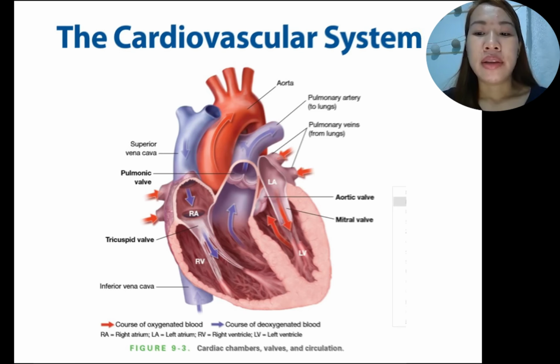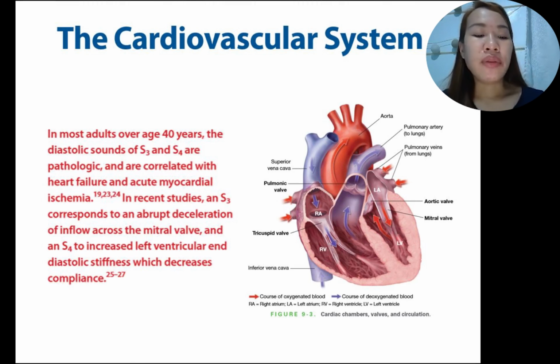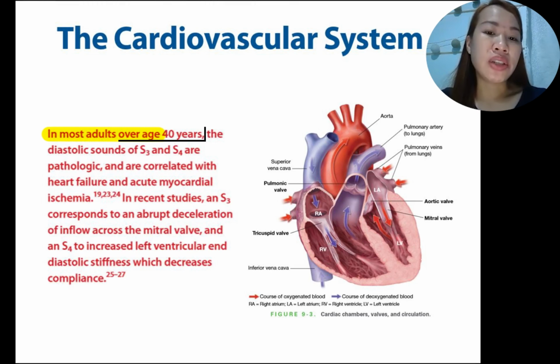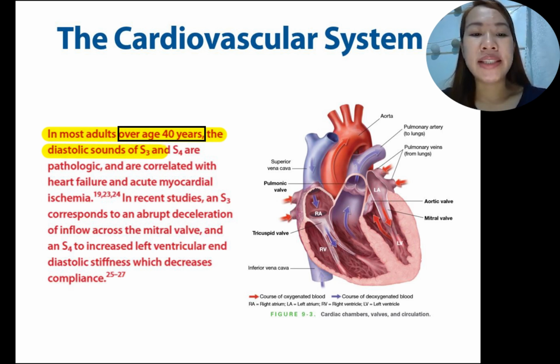All right. So here, we have to take note, class, that in most adults over the age of 40 years, the diastolic sounds of S3 and S4 are pathologic. If the diastolic sounds of S3 and S4 are seen in a 40-year-old patient, they are considered pathologic and are correlated with heart failure and acute myocardial ischemia.